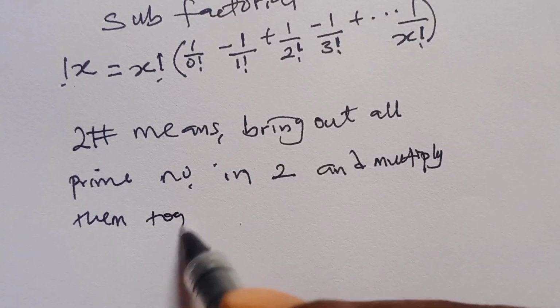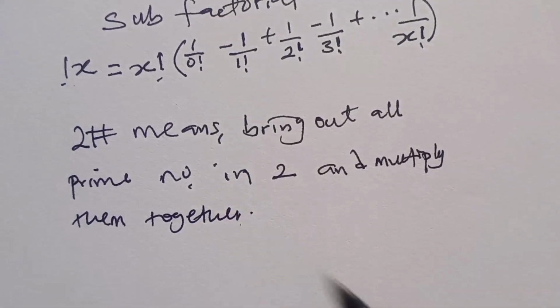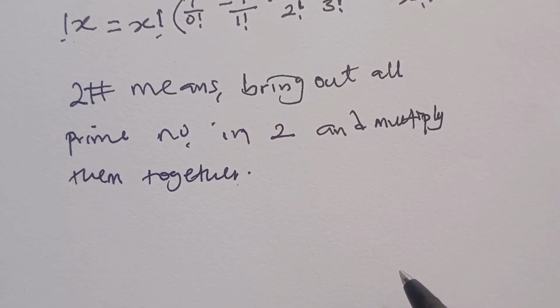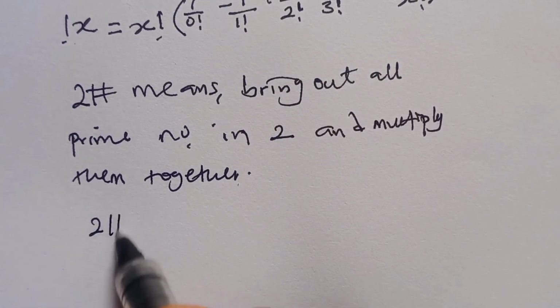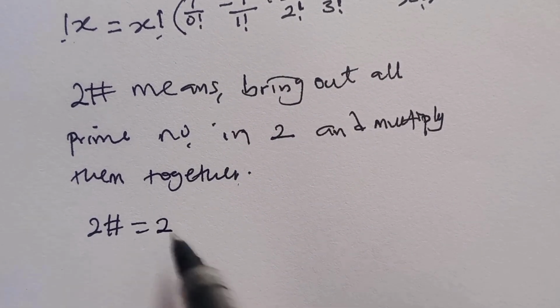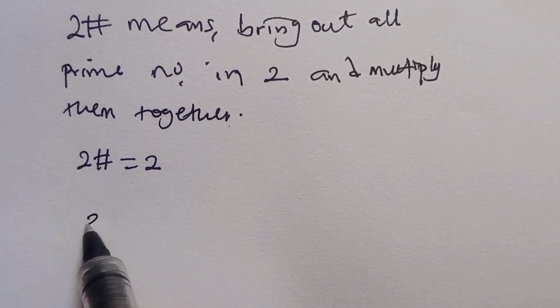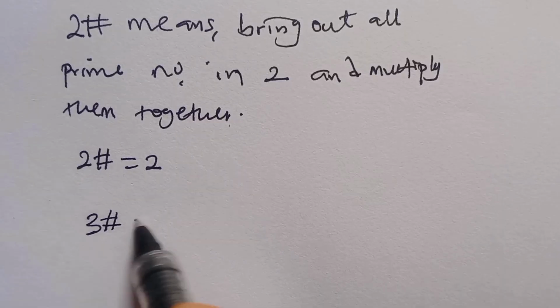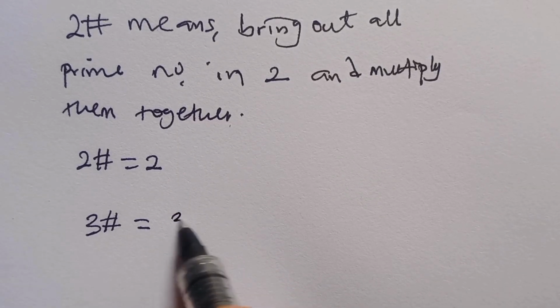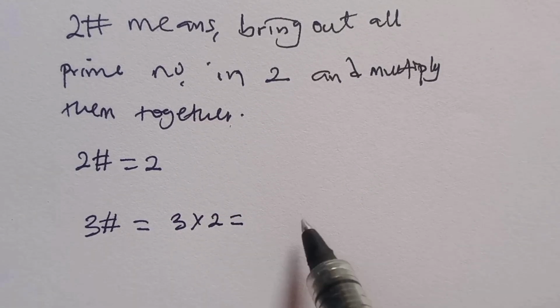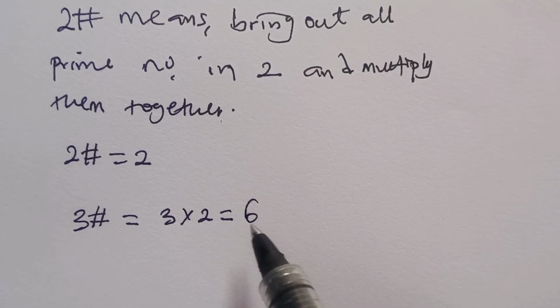So here, I want to use 2 and 3 primorial as examples. 2 primorial simply means 2. That is, you need to multiply all prime numbers from 1 to 2, and we just have 2. And 3 primorial is 3 times 2, and that will give us 6.